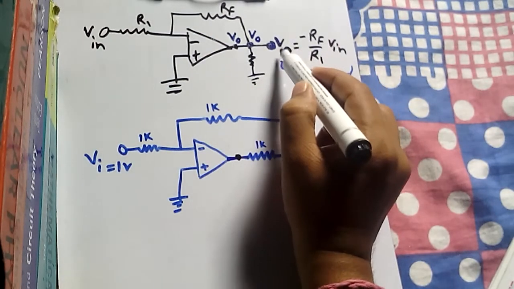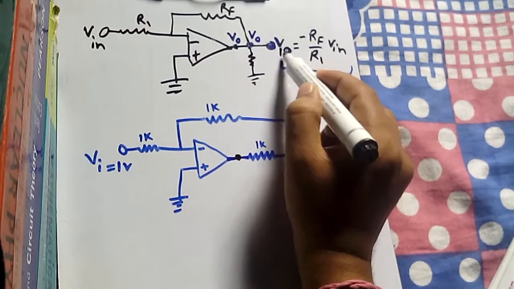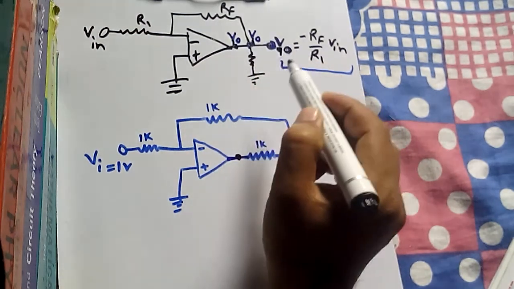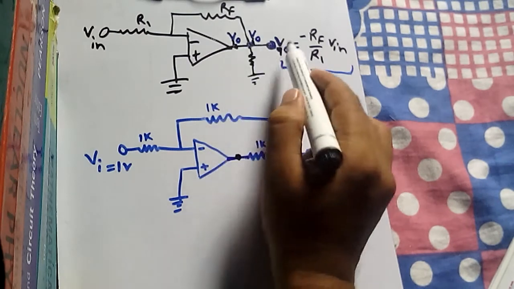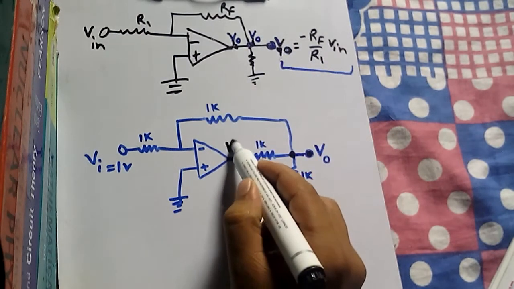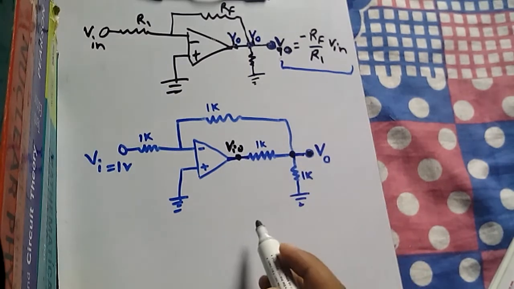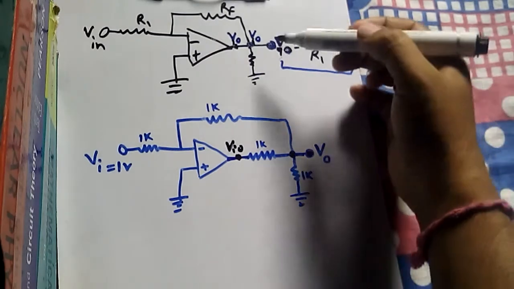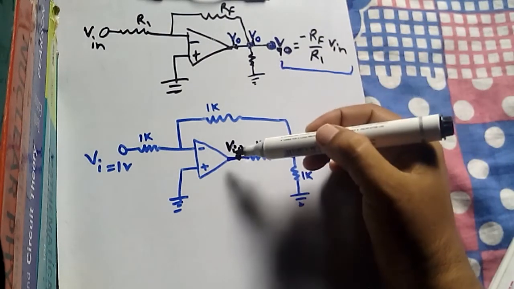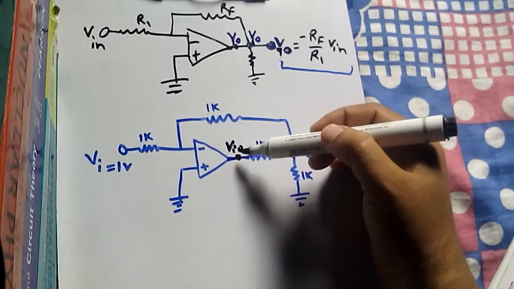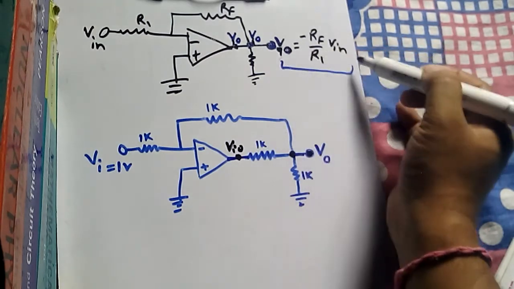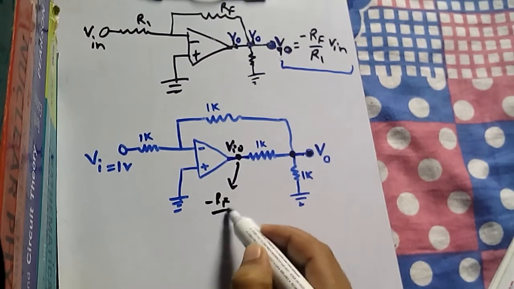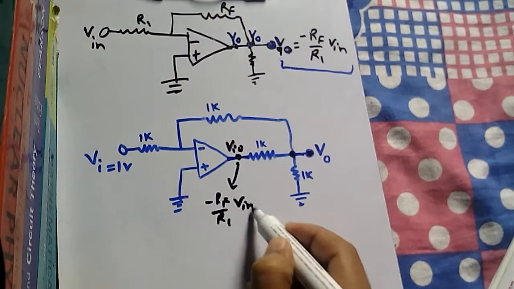So if I name it IO, the ideal output, that means this voltage is actually at this point VIO, and this is the output that we have to find. Since I have to name it differently, I have put IO here, the ideal output. So at this point the output is minus RF by R1 into V input.